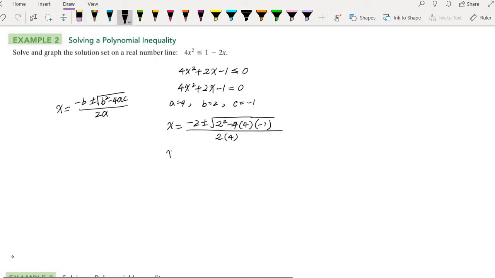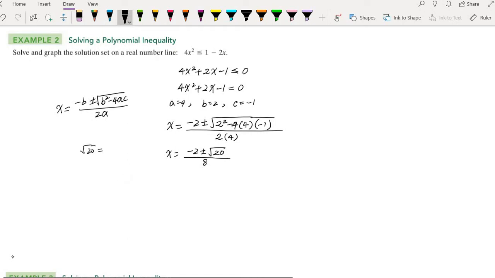So we evaluate this. Under the square root, 2 squared is 4, and 4 minus a negative becomes plus, so that will be 4 plus 16. That is the square root of 20 over 8. Then we look at the square root of 20.